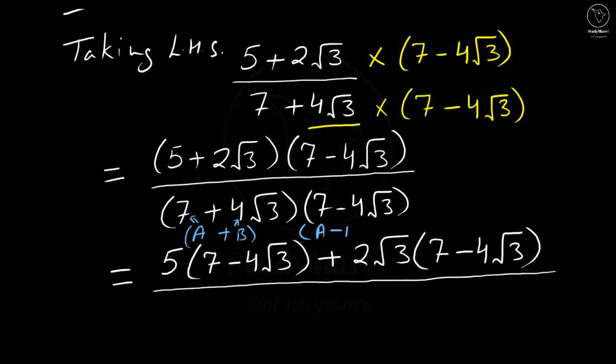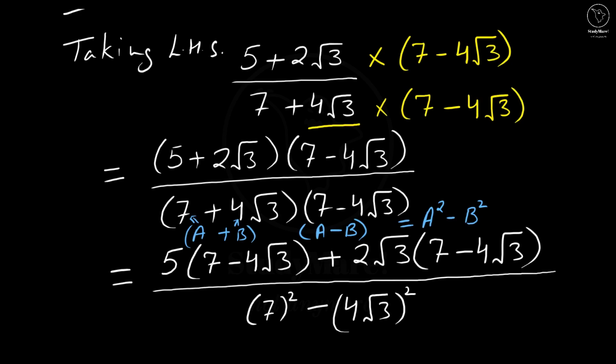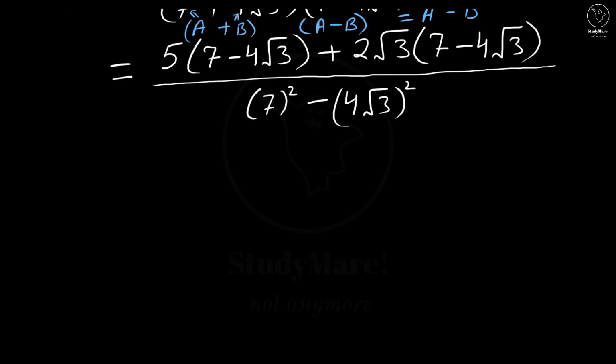So we have the identity A plus B into A minus B, which is nothing but A square minus B square. Using this identity, we get 7 square, as the value of A is 7, minus B square, that is 4 root 3 whole square, because B is 4 root 3. Solving it further, we simply expand the bracket.